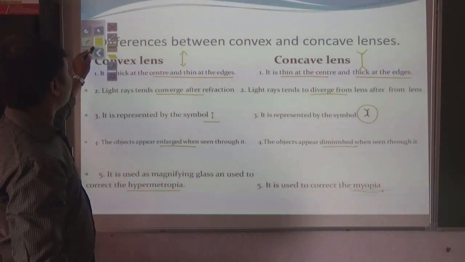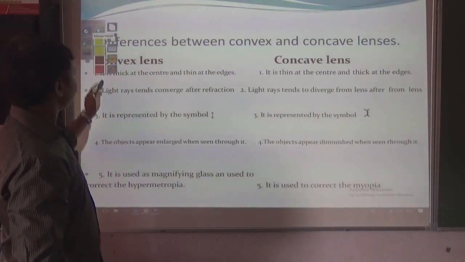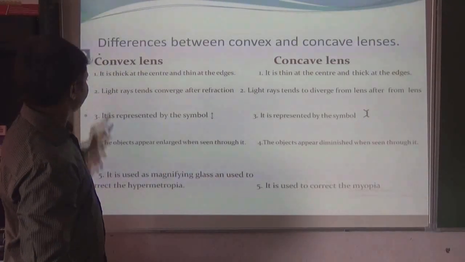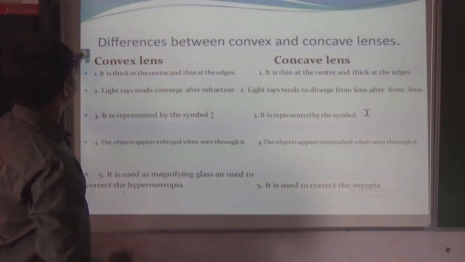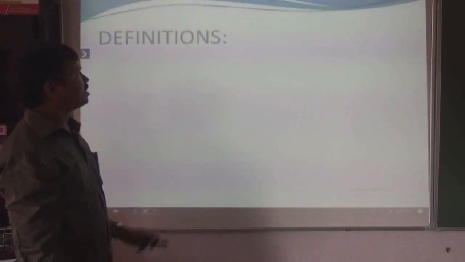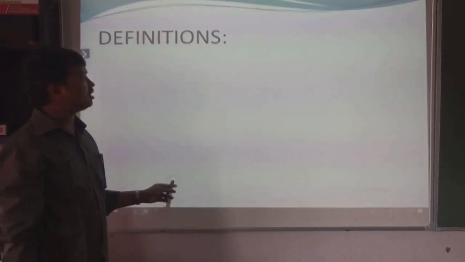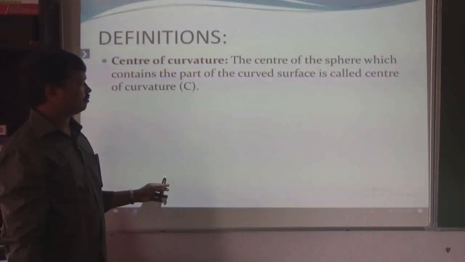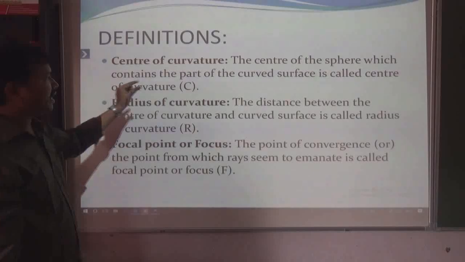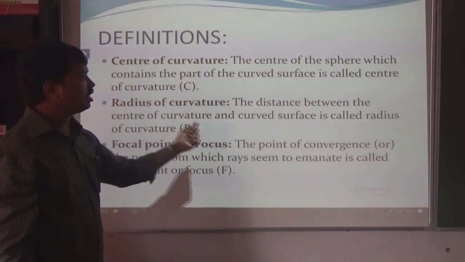Now again, the definitions about the center of curvature, radius of curvature and focal length. Center of curvature: the center of the sphere of which the curved surface is a part is called the center of curvature.